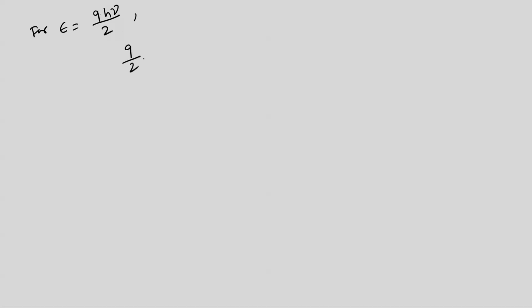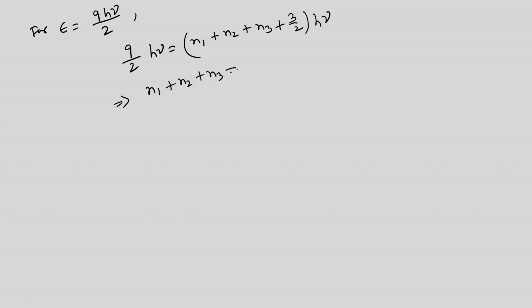So, we can write like before, and this gives us n1 plus n2 plus n3 equals 3. How many possibilities will we have? We can have n1 equals 3, n2 equals 0, n3 equals 0. This is one possibility.